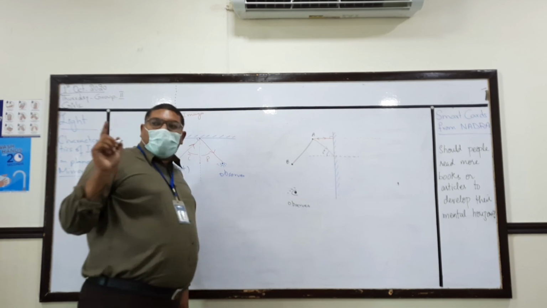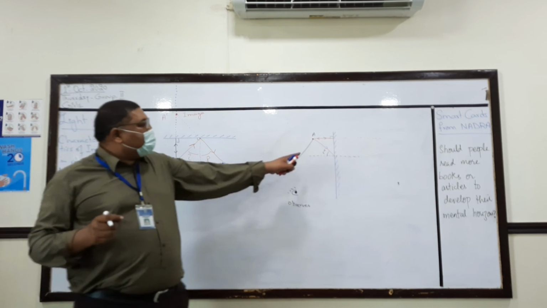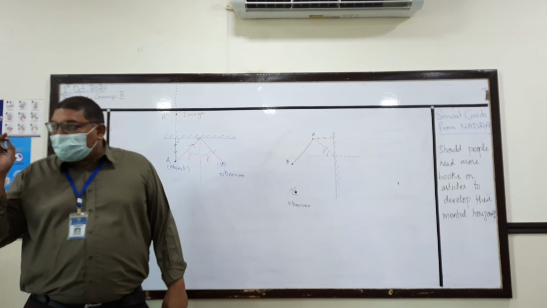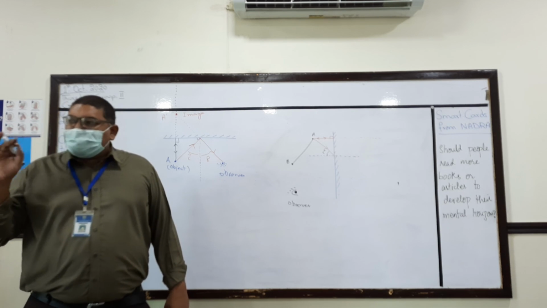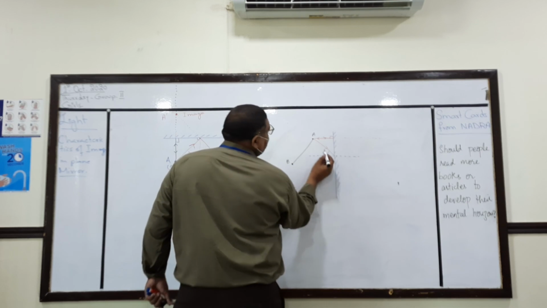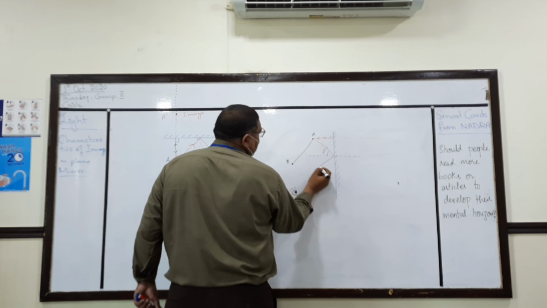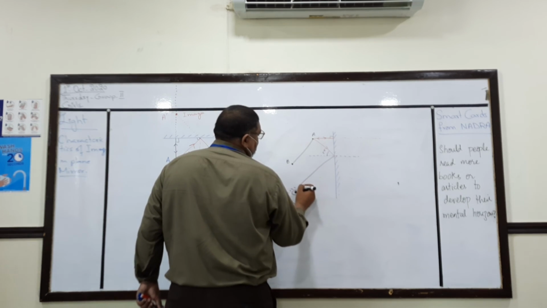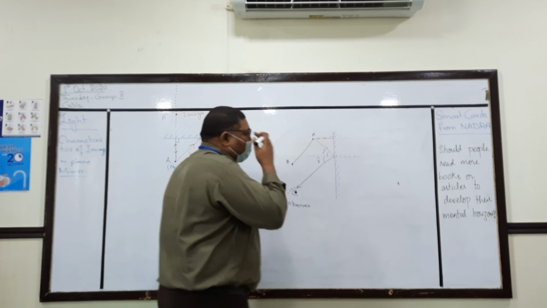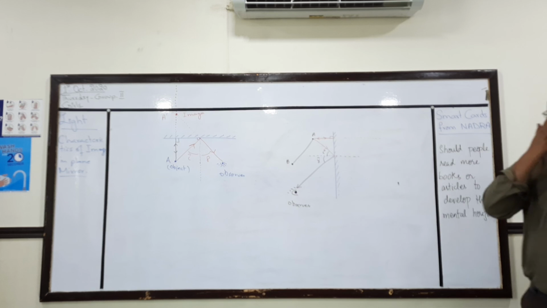Check how much the angle of incidence is with the help of the protector. Then mark the same angle of reflection with the help of the protector. The angle of incidence and angle of reflection should be equal to each other.